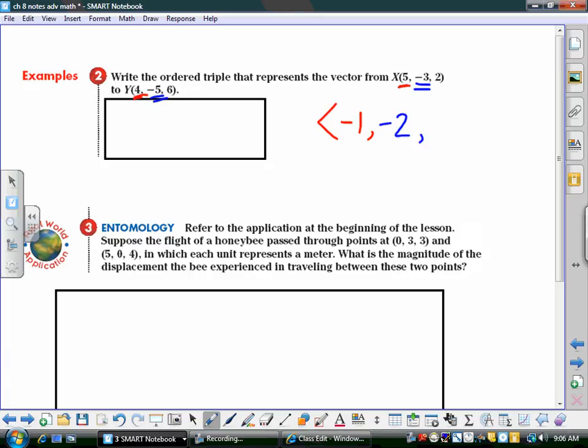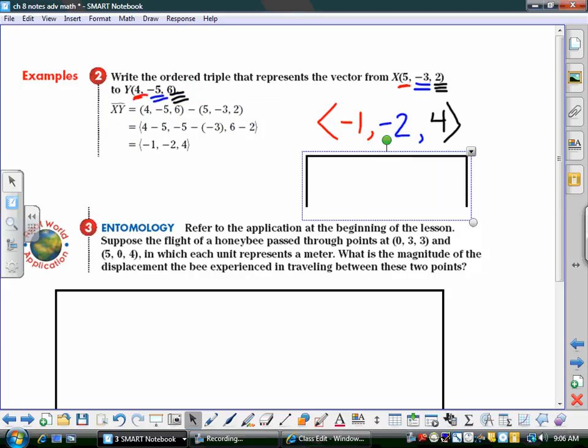Backwards 2. And in the z direction, I'm changing from 2 to 6. So that time I'm going forward 4. The ordered triple would be (-1, -2, 4).